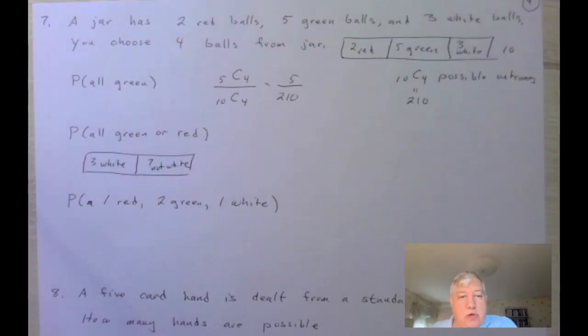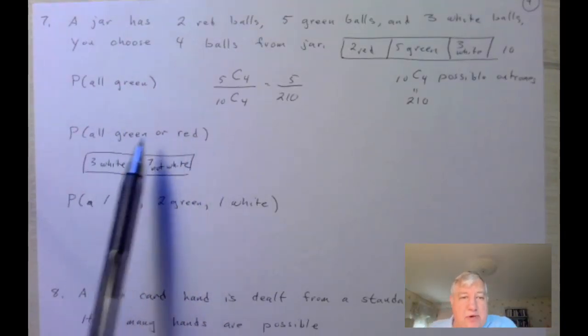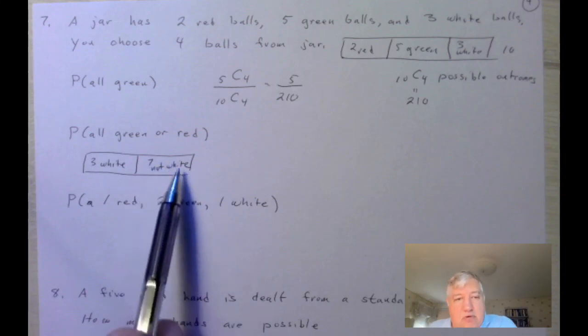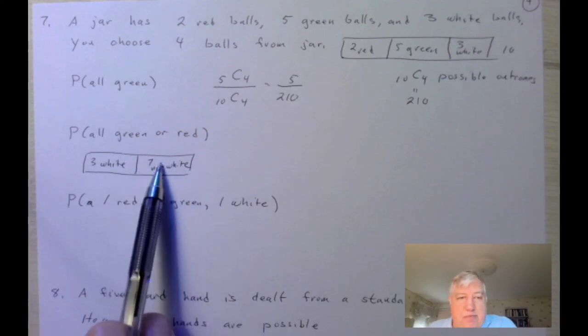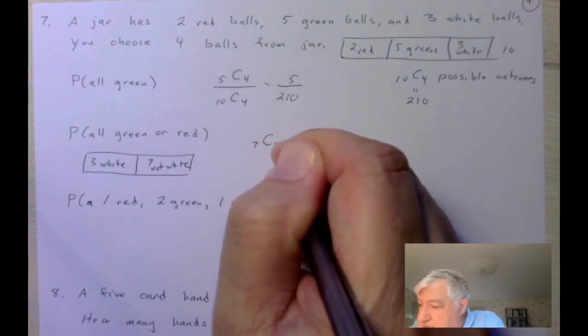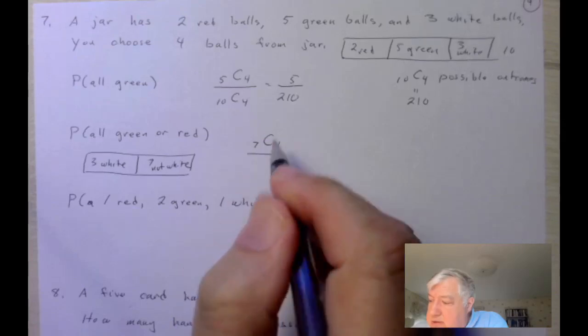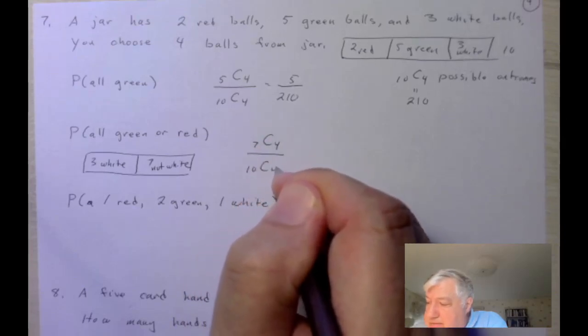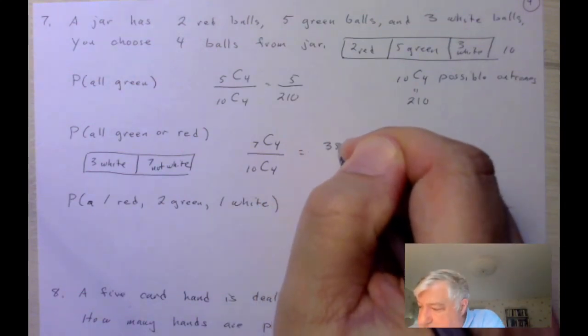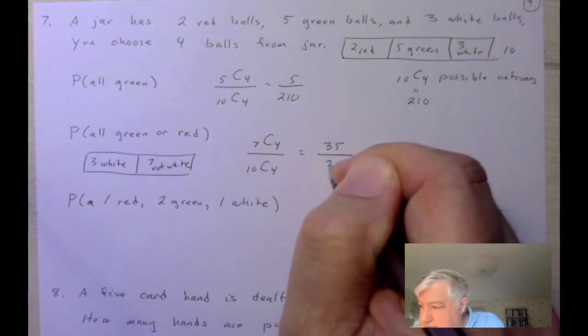So if I want one of these combinations where all green or all red, you're getting your balls from here. So the number of ways this can happen would be 7 choose 4. So the answer would be 7 choose 4 divided by 10 choose 4. And this turns out to be 35 over 210.